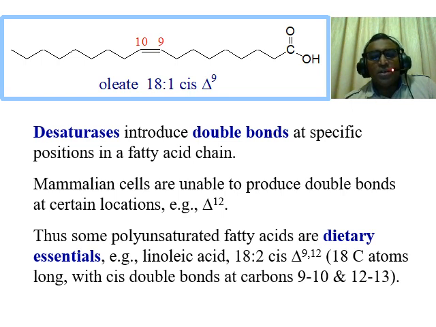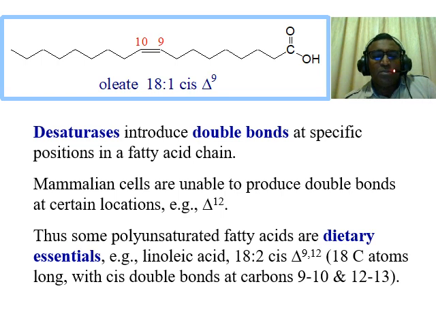The issue is that desaturation beyond position 9, that is position 12 and beyond, cannot be done in mammals because there is no desaturase for 12 and beyond. It only has the desaturase enzyme up to position 9.